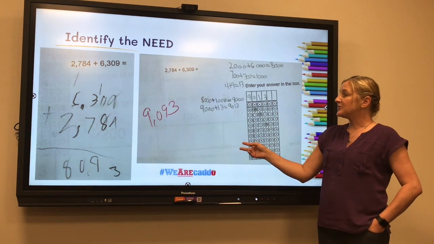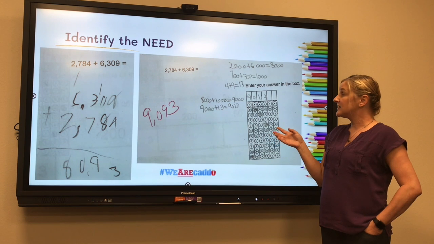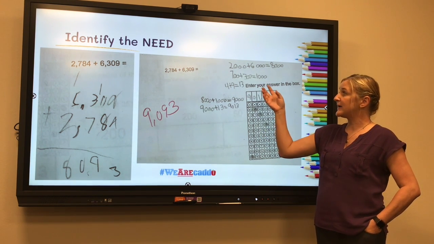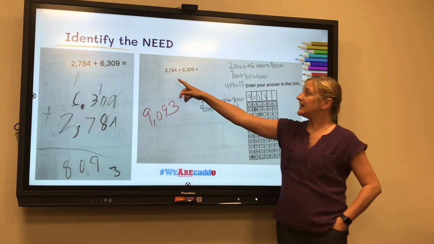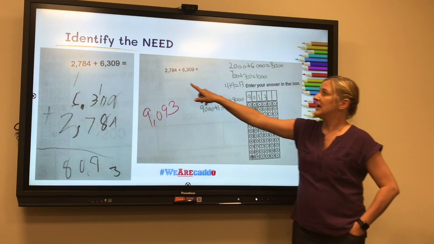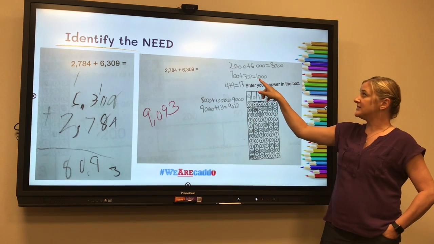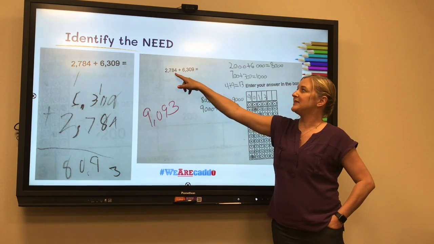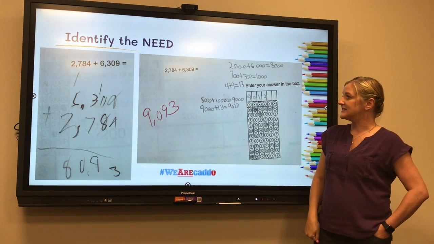With this person on the right, I can see pretty great conceptual understanding as well, because what they've decided to do is expand this out and go ahead and add 2,000 plus 6,000 to get 8,000, 700 plus 300 to get 1,000 or 10 hundredths, but they skipped the 8 tens and the 0 tens.